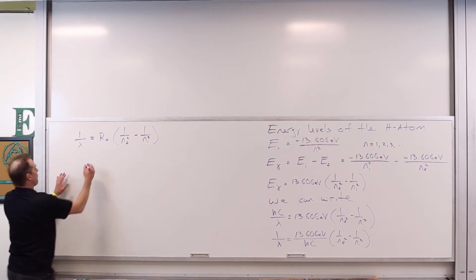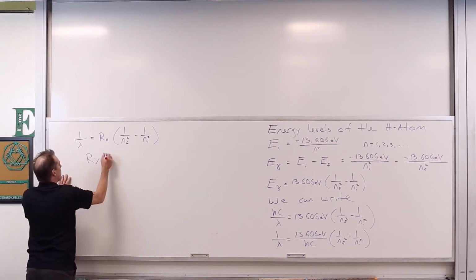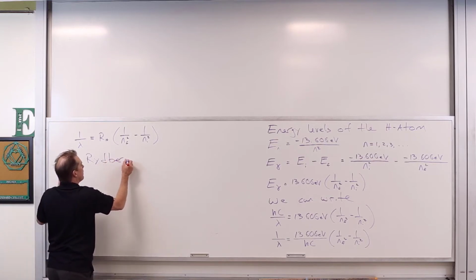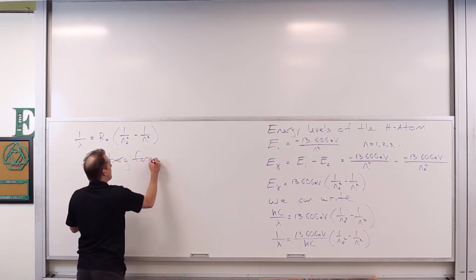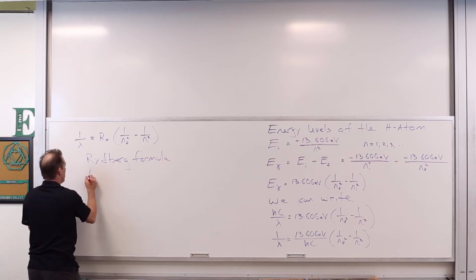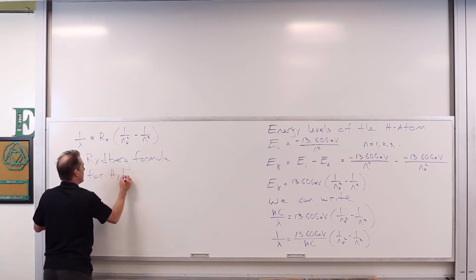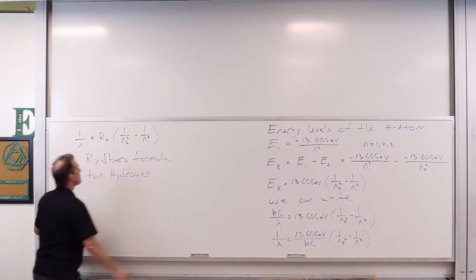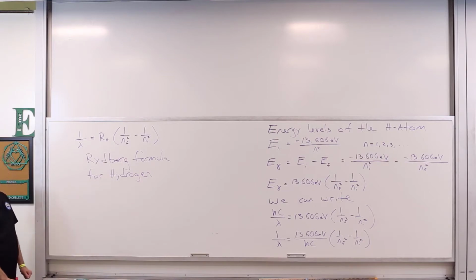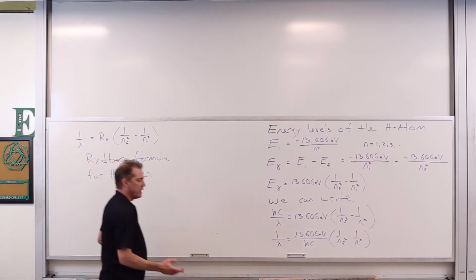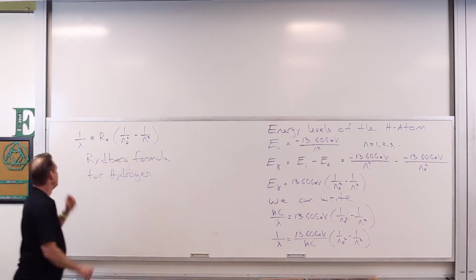Maybe you've seen this before. This is the Rydberg formula for the light emitted by the hydrogen atom going from a higher energy down to a lower energy.